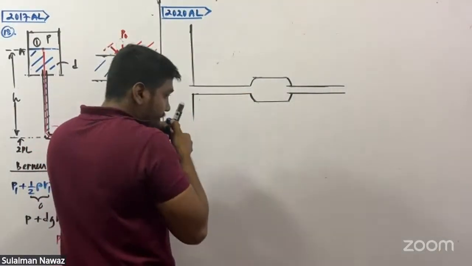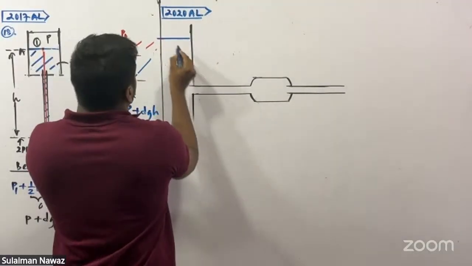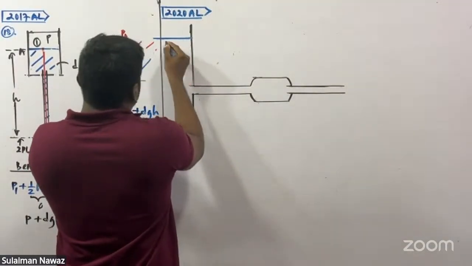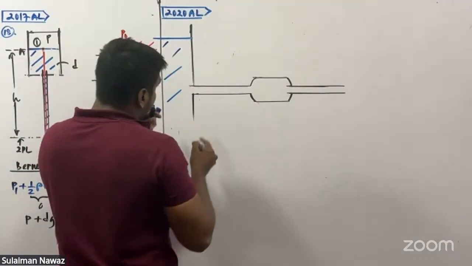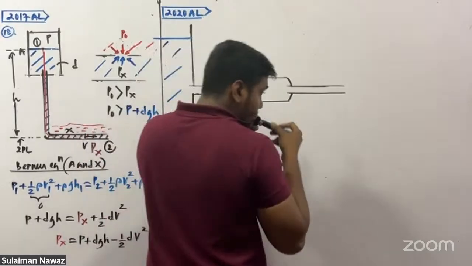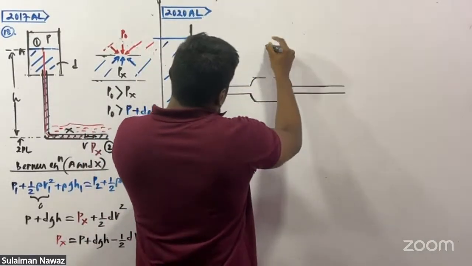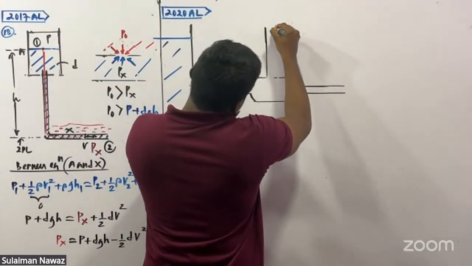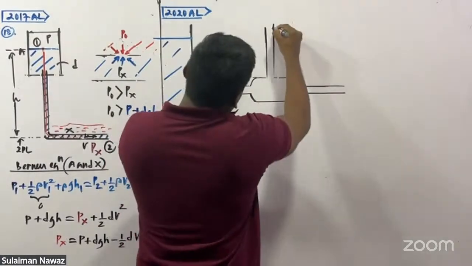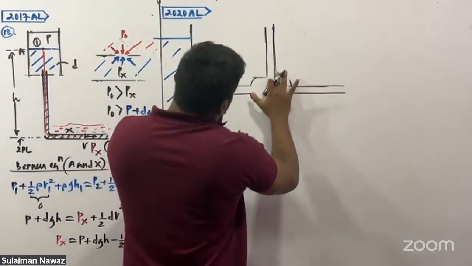The liquid surface of the tank is at this level, right? And there's a vertical tube also.